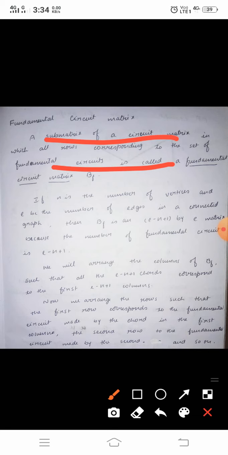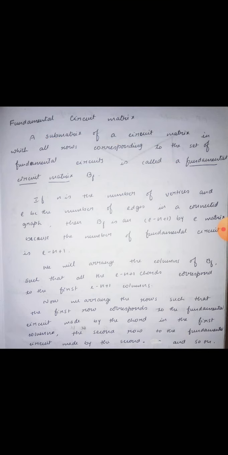How is it? While studying the definition of branches and chords, we have seen that there are exactly E minus N plus 1 chords in a connected graph. If there are E minus N plus 1 chords, then from each chord we get a fundamental circuit, right?